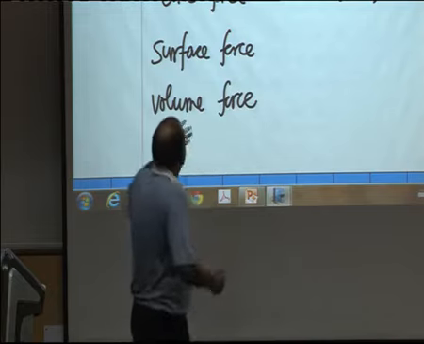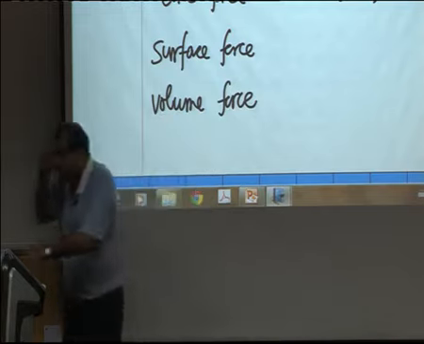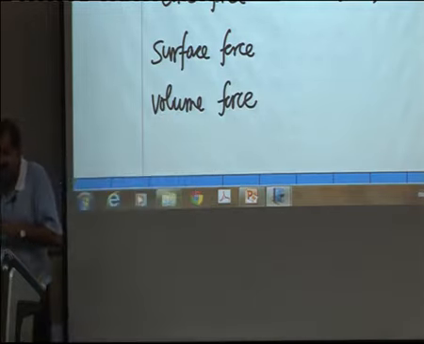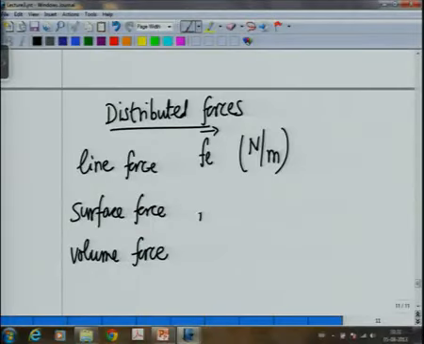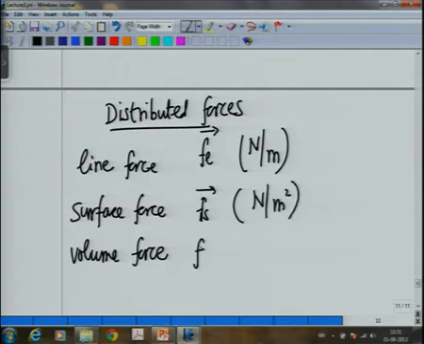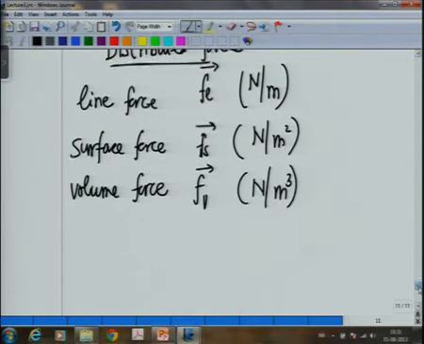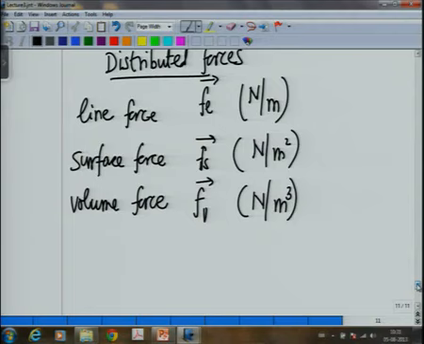So it's a distributed force. Similarly, the surface force, I can call it F sub S. What will be the unit of surface force? Newton per meter square, and for the volume force F sub V, the units will be newtons per meter cube. So let us start with the line force.